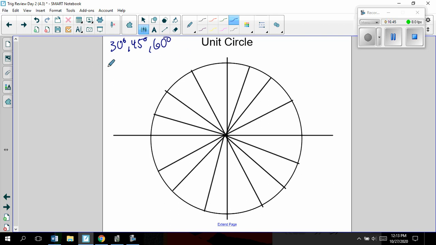Now I'm not going to put degrees on here, we need radians, but I write that down for myself and I go, okay, that one's pi over 6, pi over 4, and this one's pi over 3. If you can memorize this first quadrant and you can add, subtract fractions, you could fill this whole thing in. So this would be pi over 6, this would be pi over 4, this would be pi over 3, and then pi over 2, because this is pi over here. And we got 0.